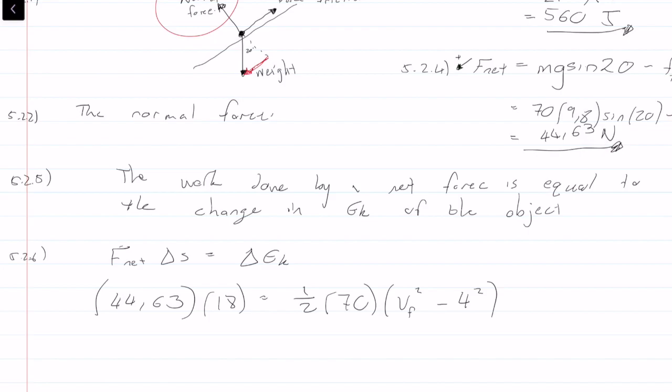Okay, and if we look at this equation, the only unknown is Vf, so we can solve for Vf, which is equal to 6.24 meters per second, and that is our final answer.